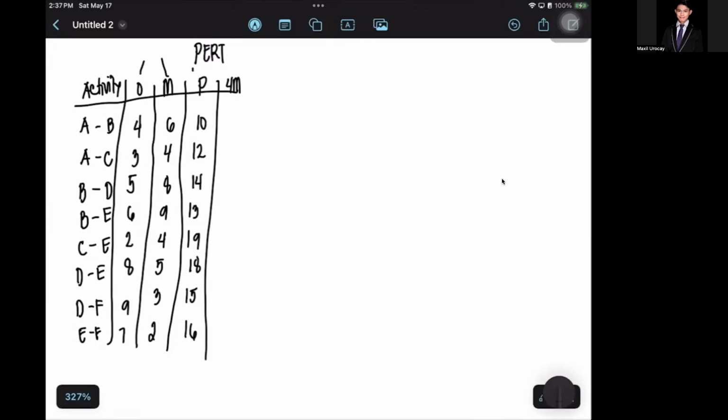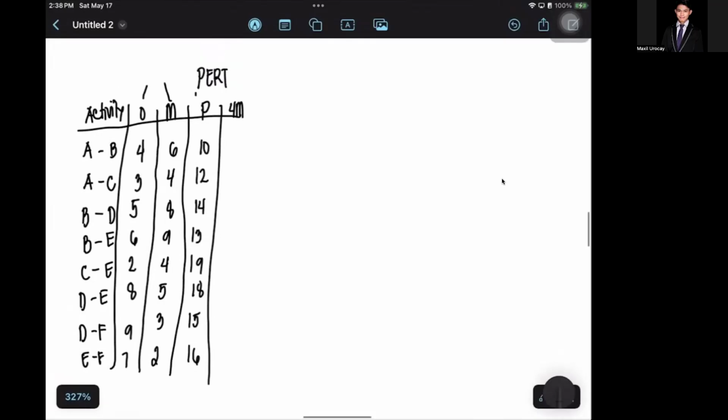We're going to calculate the 4M in order to calculate the expected time. The expected time is O plus 4M plus P, over 6. That's how you will deal with that formula.